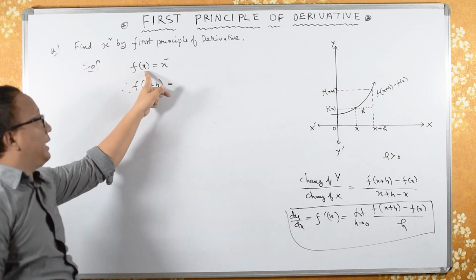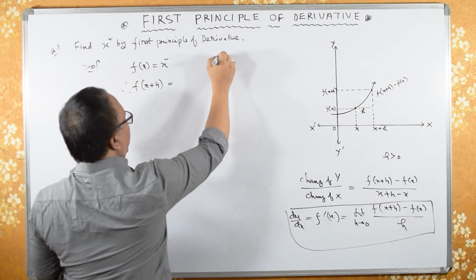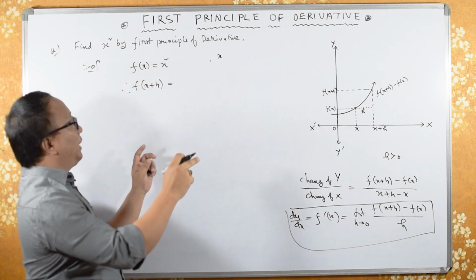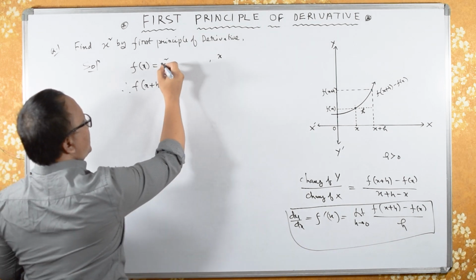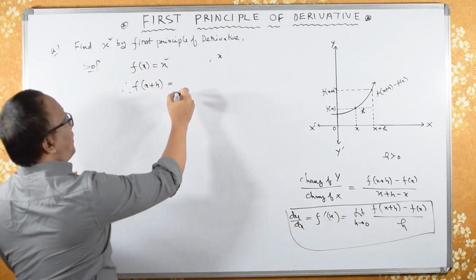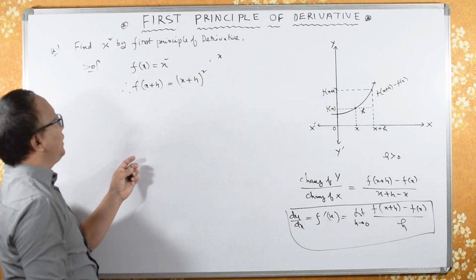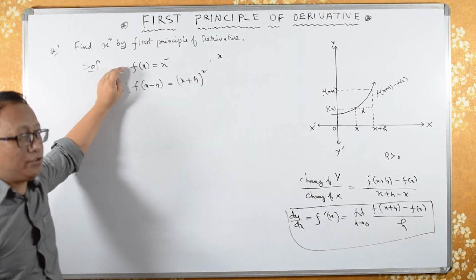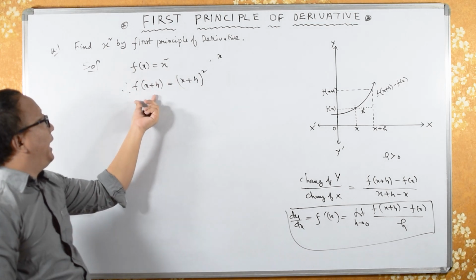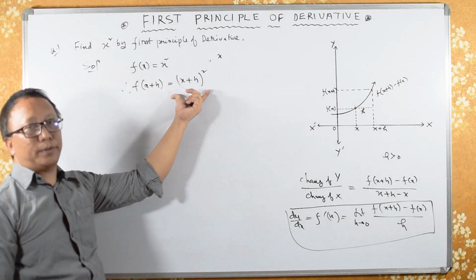Instead of x, you have to put x plus h. So if f(x) equals x square, then f(x plus h) will be x plus h the whole square.